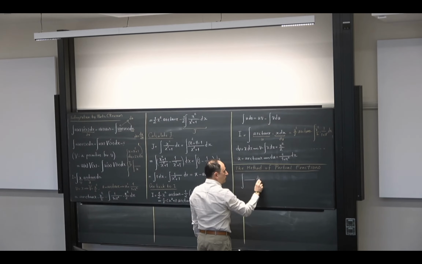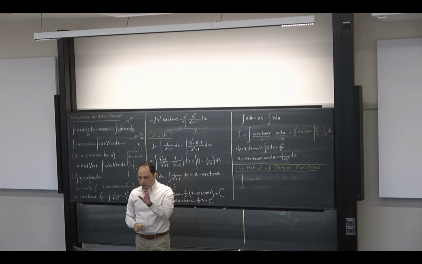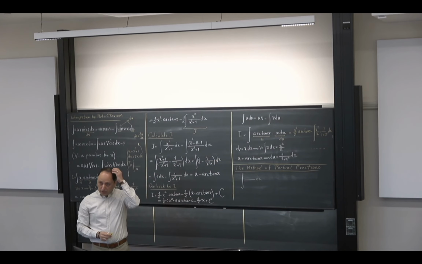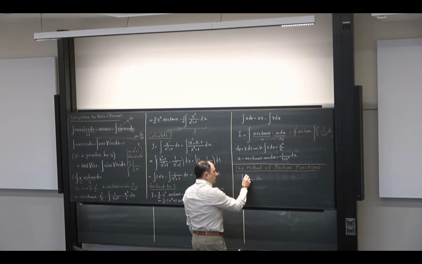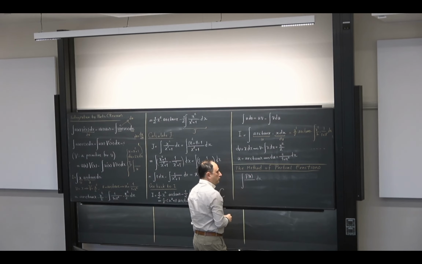What do I mean by a rational function? It is a fraction whose numerator and denominator are both a polynomial. Yes? So let me call the polynomial in the numerator p of x. Let me call the denominator polynomial q of x.